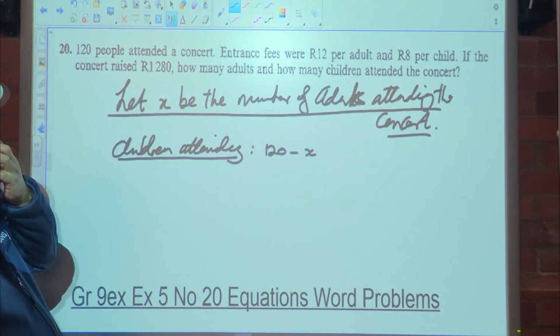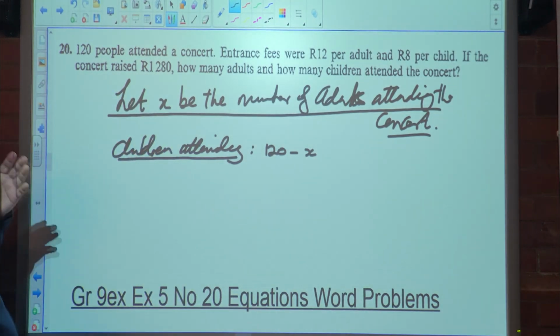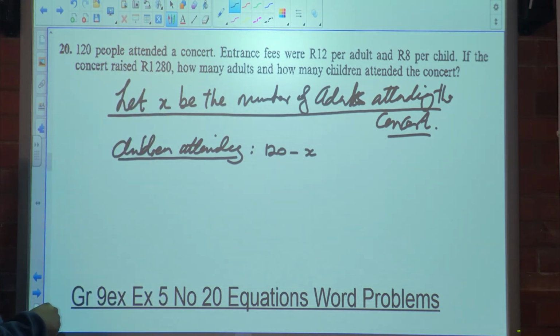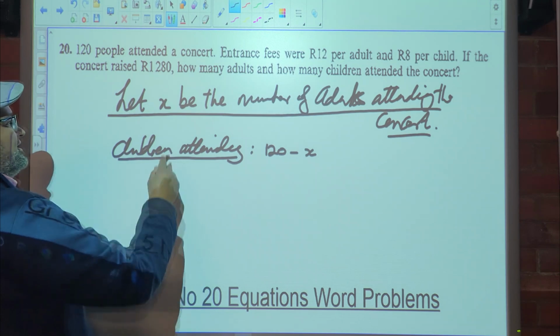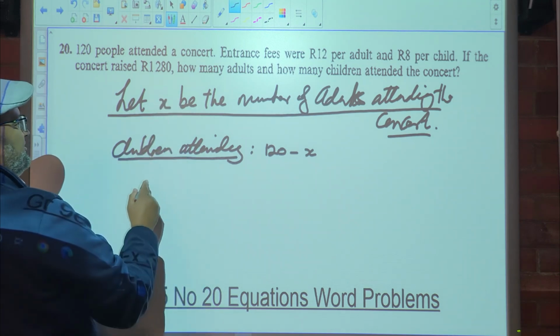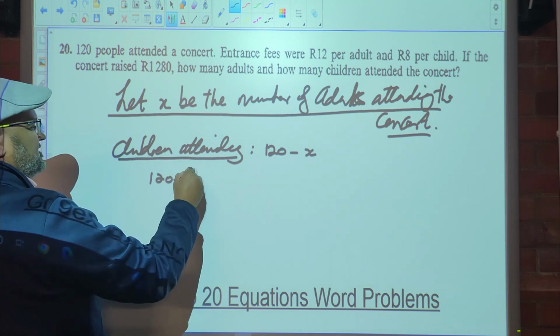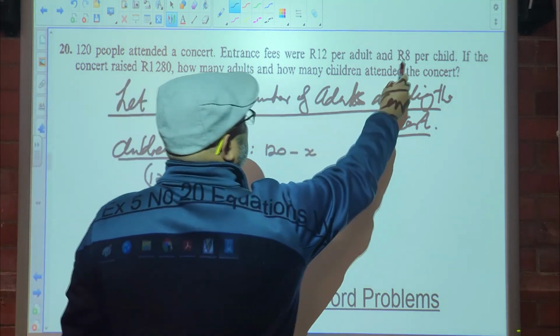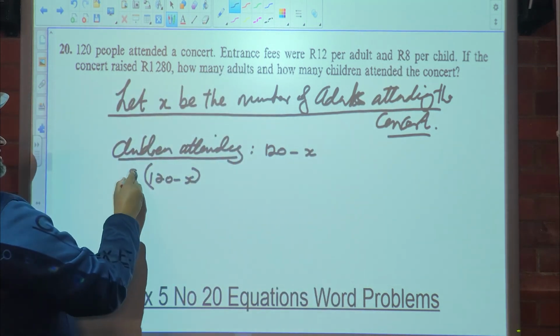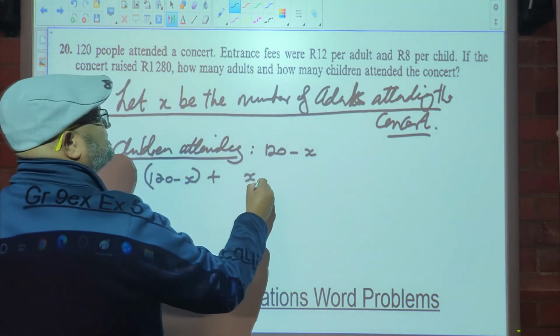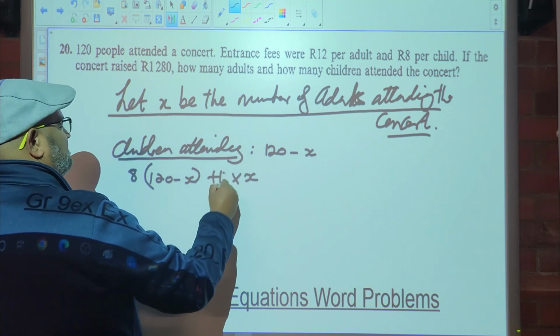Okay. So to work out the total income, the amount raised, is going to be the number of children, which is 120 minus x, multiplied by the cost per child, which is 8 Rand, plus the number of adults attending the concert, multiplied by the cost per adult.